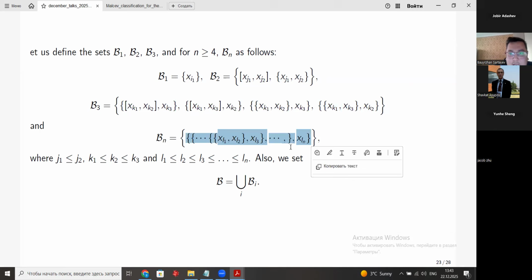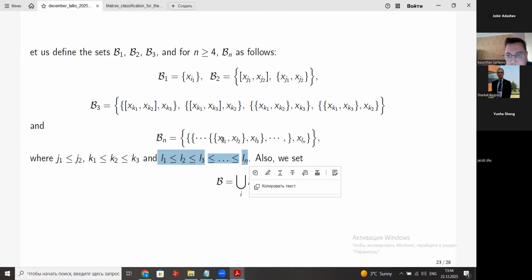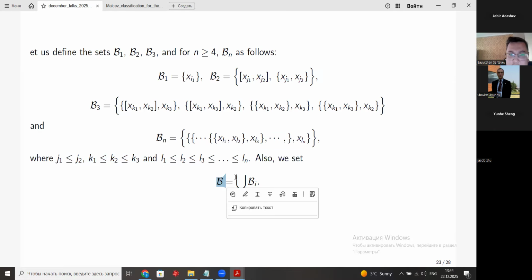Here we define conditions on indices, these conditions. This condition on the index means that the generators here are strongly increasing. Also, we define the big set B, which is just the union of all of these sets.